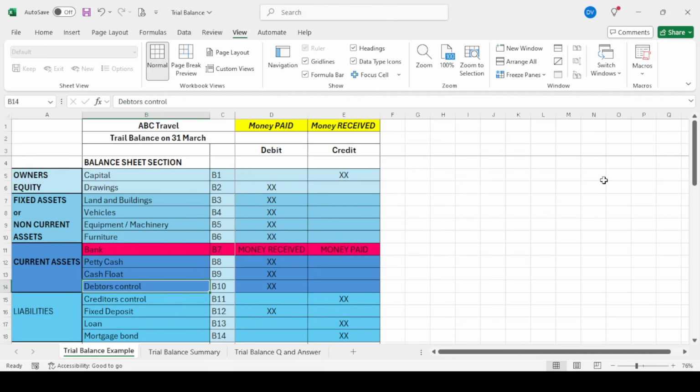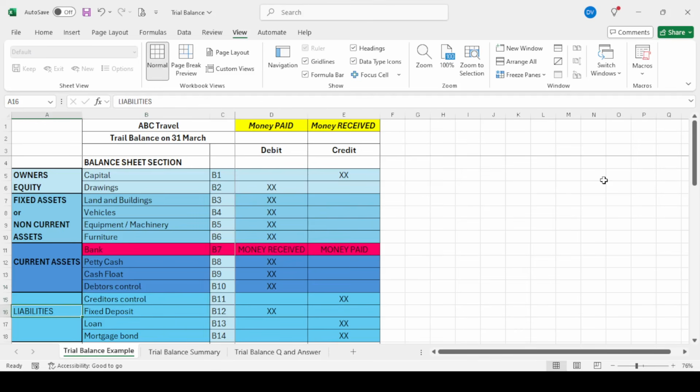So your petty cash might be 1,500 Rand today, but tomorrow afternoon it's going to be 980 Rand. So it fluctuates, it changes, and that's why it's your current assets. It's literally the opposite of fixed assets.